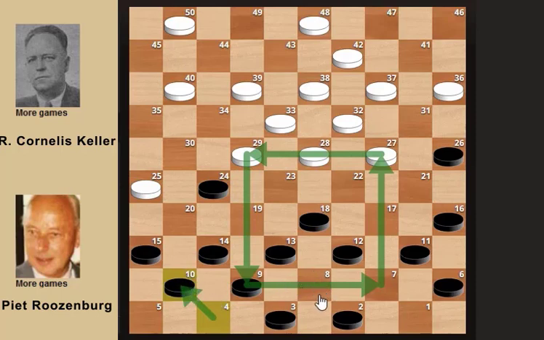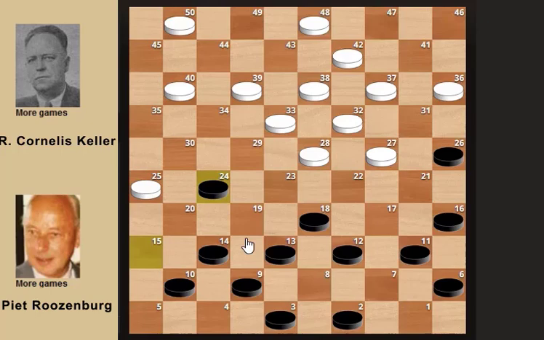So it's just like playing 2-8. So the exchange was made, and Keller removed the piece at 26 by playing 37-31. So this exchange was also made, and then the move was replied to by Keller by playing 2-8.